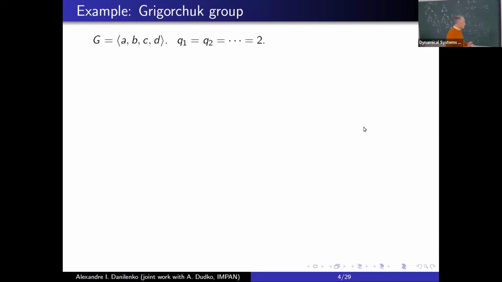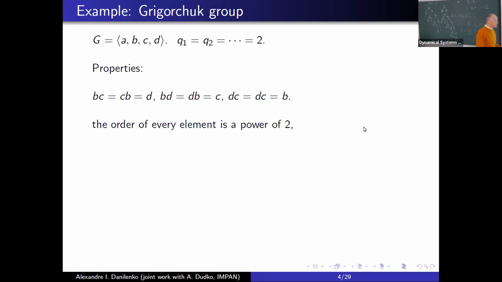The group is very interesting because it has a number of nice properties. These properties are easy to get. The order of every element of the Grigorchuk group is a power of 2. And this is an important property. Next one, each non-trivial normal subgroup has finite index.